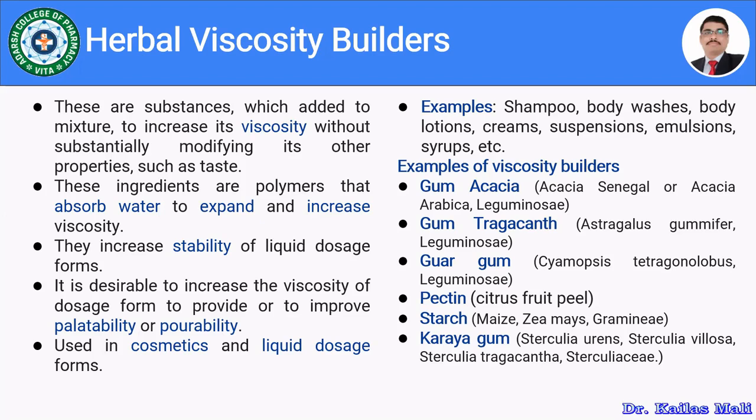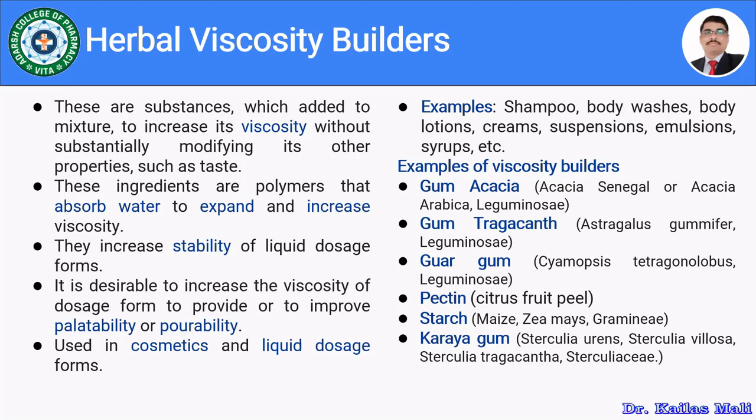Then gum tragacanth is obtained from Astragalus gummifer belonging to family Leguminosae. Then guar gum is obtained from Cyamopsis tetragonolobus belonging to family Leguminosae.